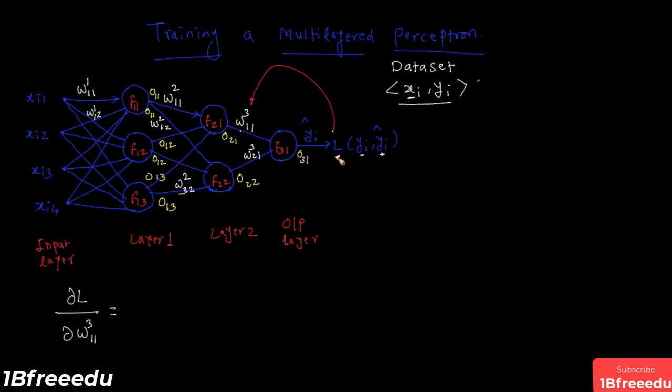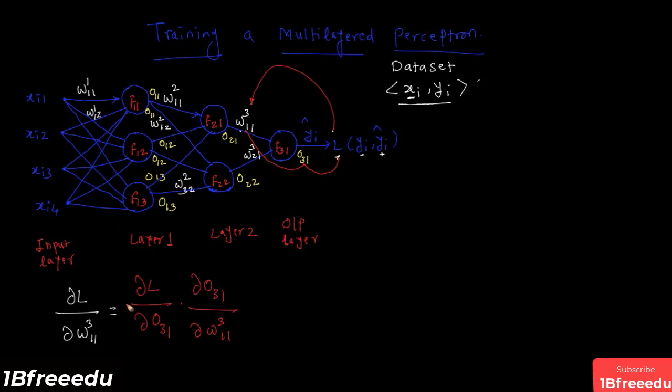So derivative of loss with respect to W311 is equal to derivative of loss with respect to O31, times derivative of O31 with respect to W311, right?